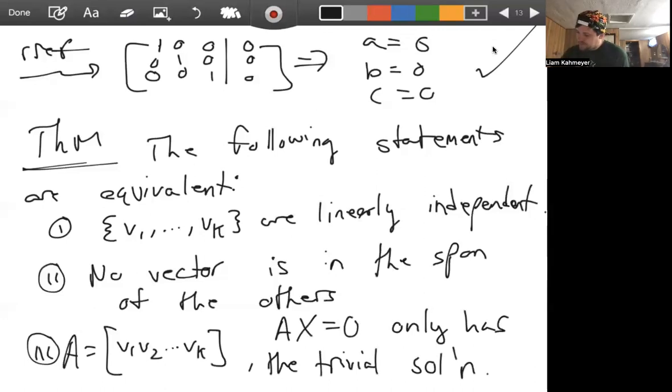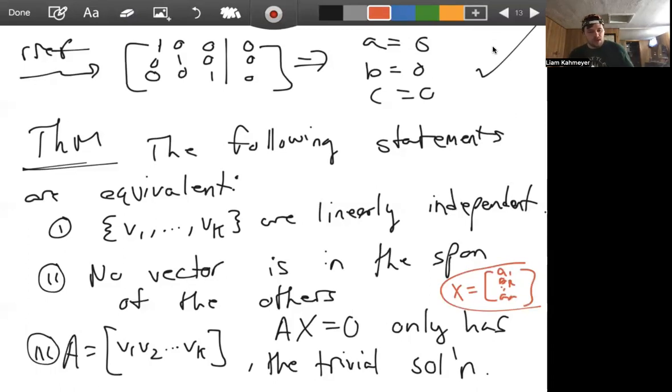And to be precise, X is your A1, A2 down to An. Solving that system, if it only yields the trivial solution, is the same as being linearly independent, which is also the same as saying that none of the vectors in this collection are in the span of the others, right?